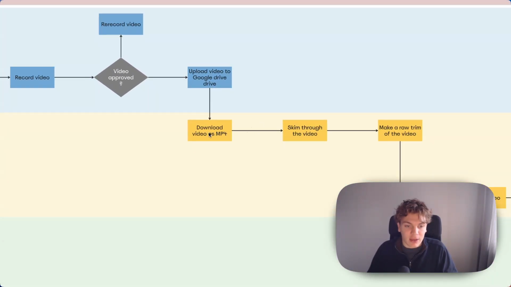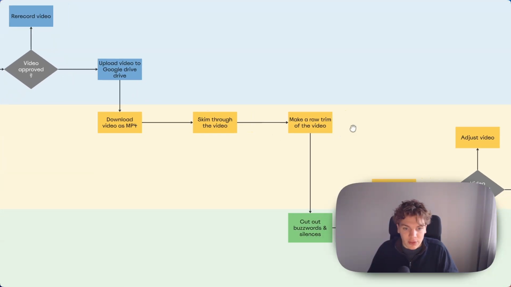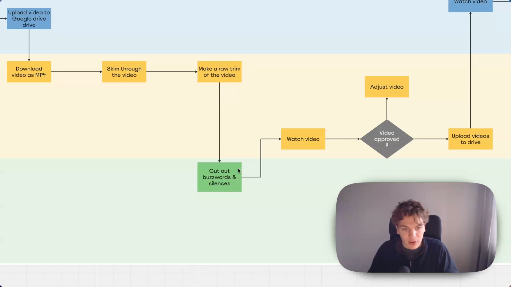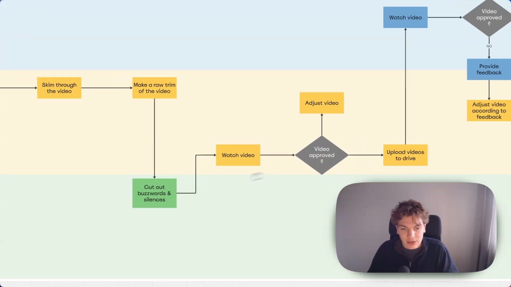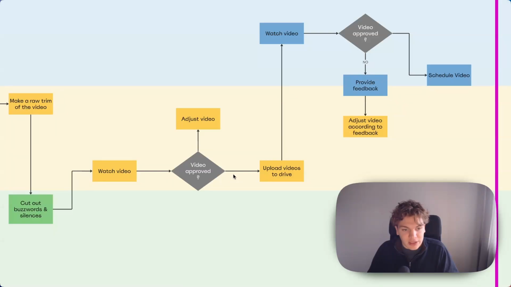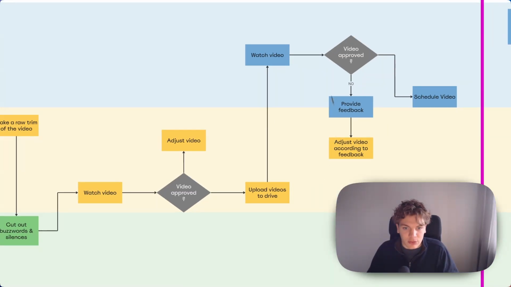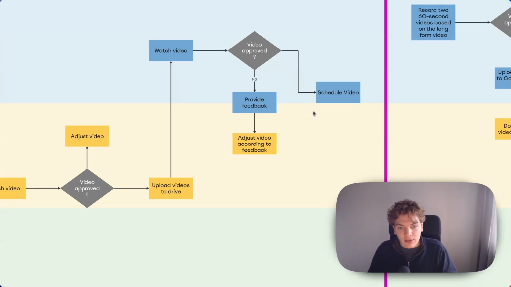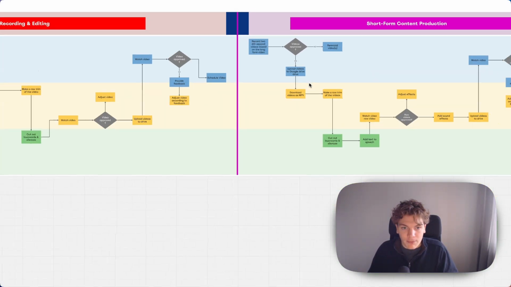So then my VA takes over here, downloads it as MP4, skims through the video, makes a raw trim of the video, and then we use AI to cut out buzzwords and silences. Then he watches the video, adjusts it, and when he's satisfied, he uploads it to Drive, and then I simply watch it, approve it, and schedule the video, right?